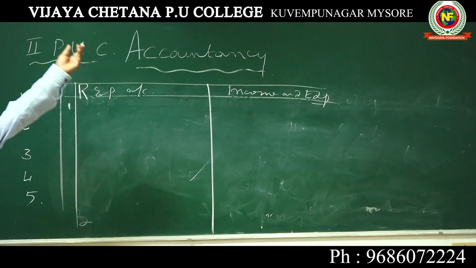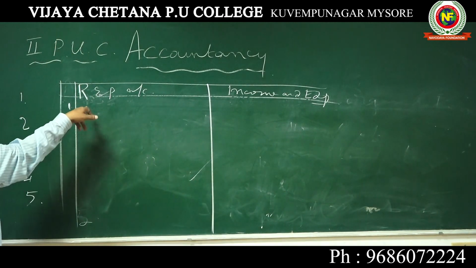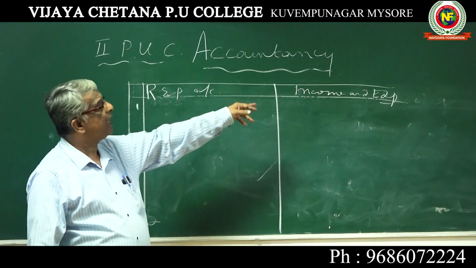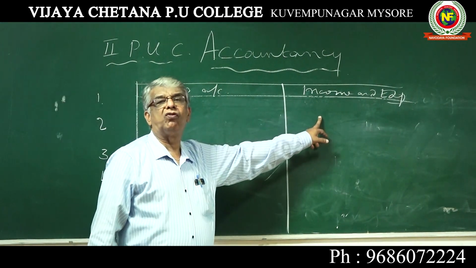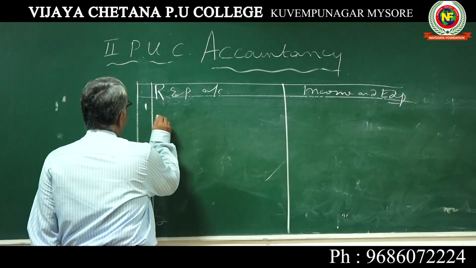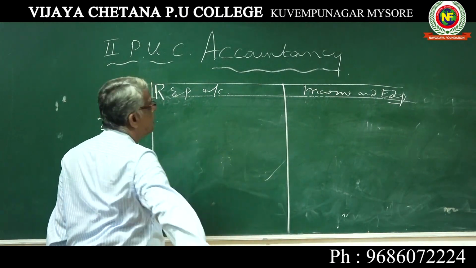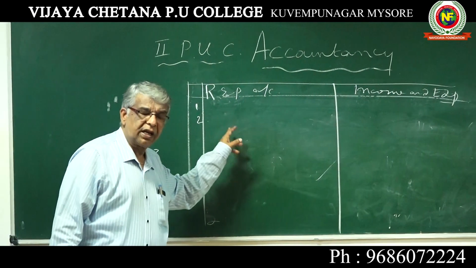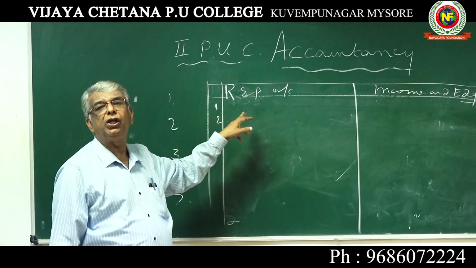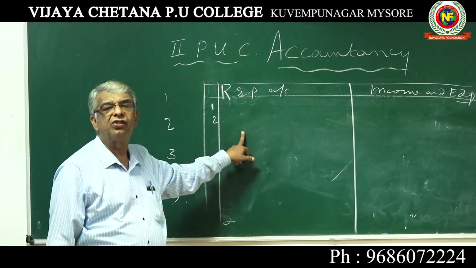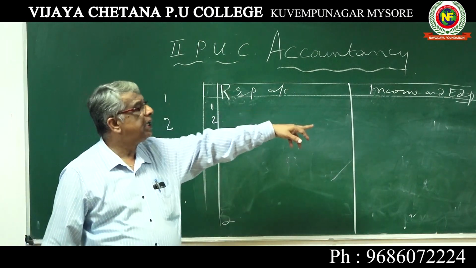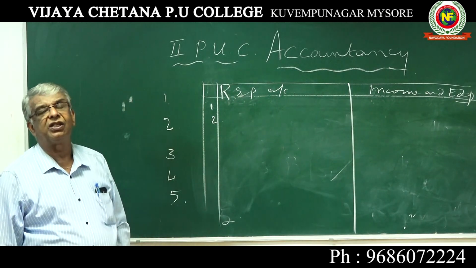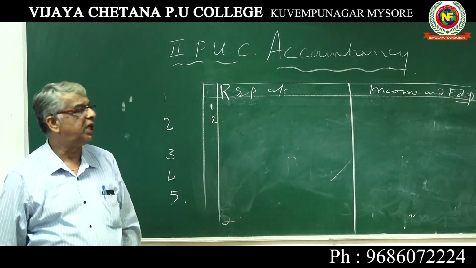The first difference is that a receipts and payments account is a real account, whereas an income and expenditure account is a nominal account. The second difference is that the receipts and payments account contains the opening cash or bank balance or both, but the income and expenditure account does not contain the opening cash or bank balances.